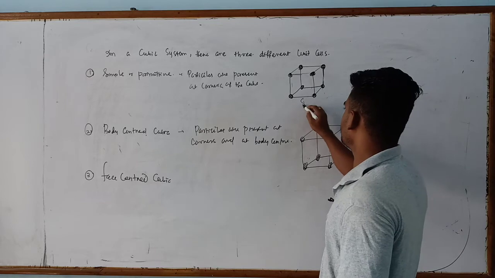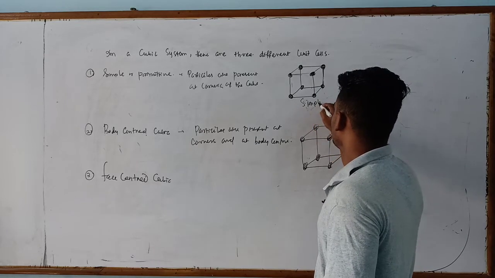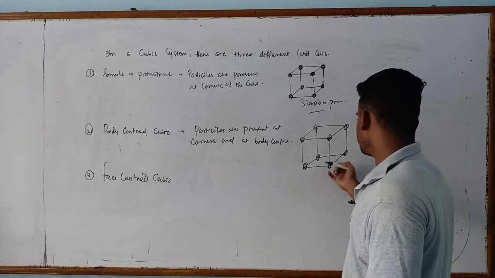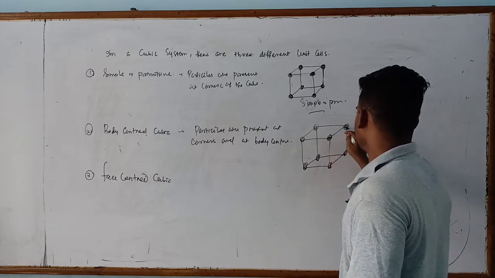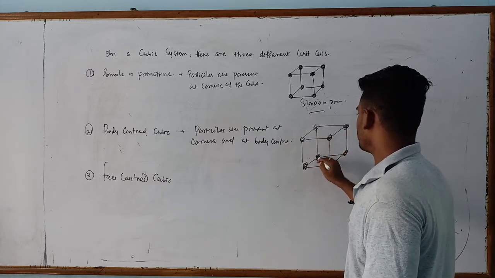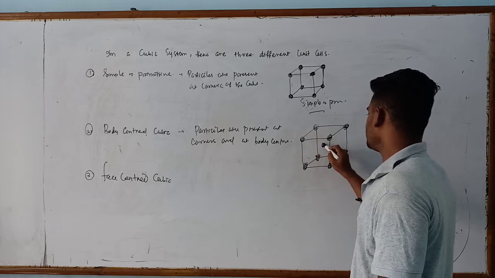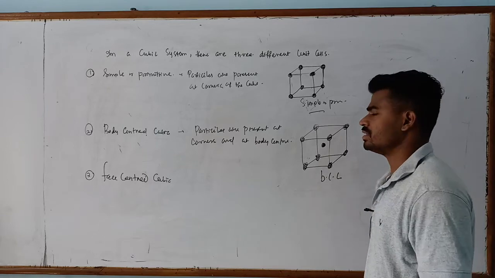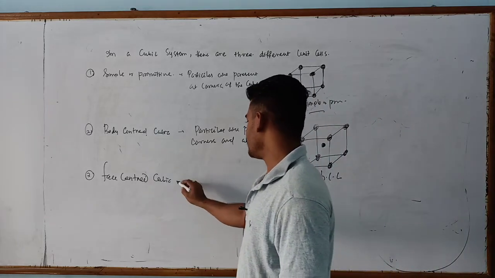This is a simple cubic, simple or primitive, as I have mentioned. So this one is BCC. Particles are present not only at the corners but also at the body center. There is a particle at the body center. This is BCC.